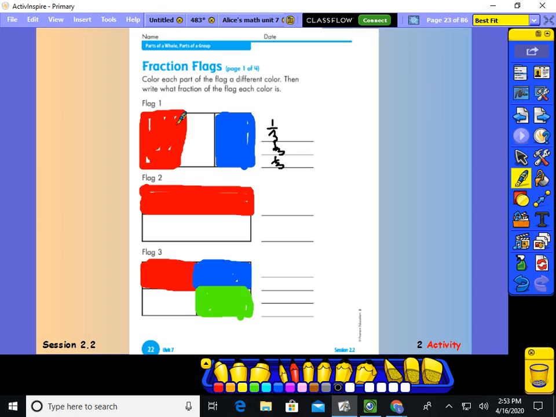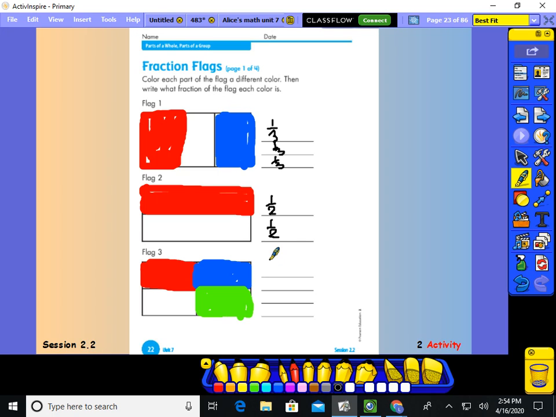So the red represents a third, the white represents 1/3, and the blue represents 1/3. On this flag, one part is shaded red out of 2 possible parts, and one part was left white out of 2 possible parts. Red represents 1/2 of this flag, and white represents half of this flag.